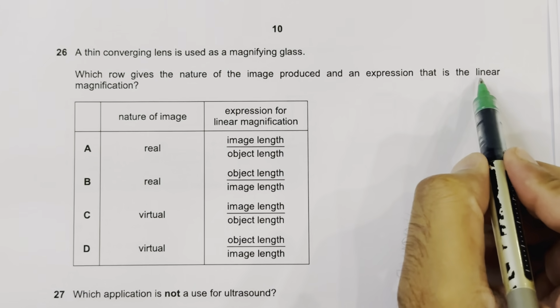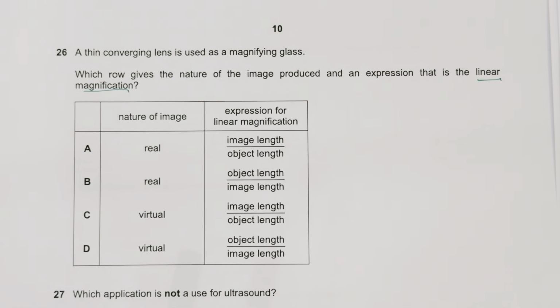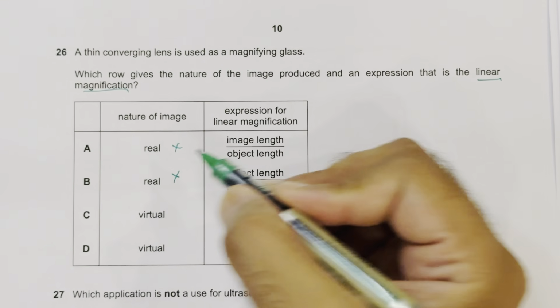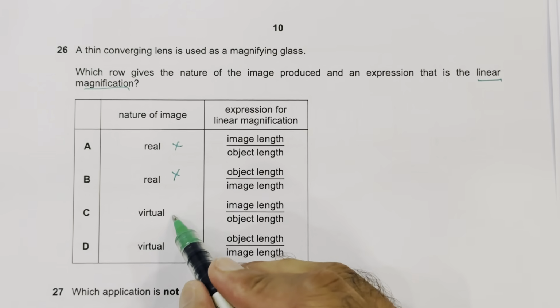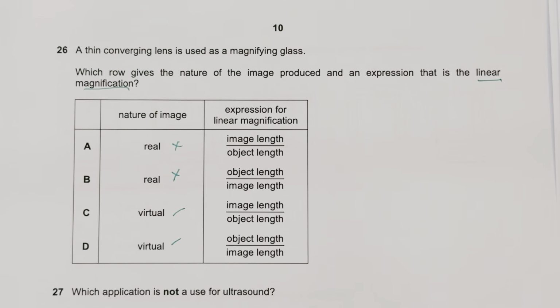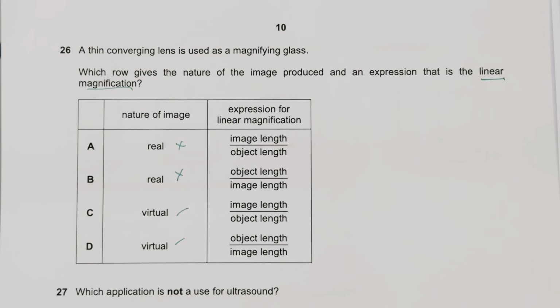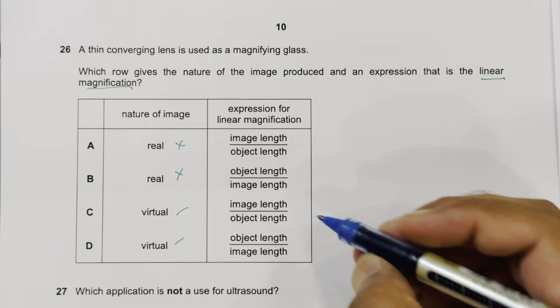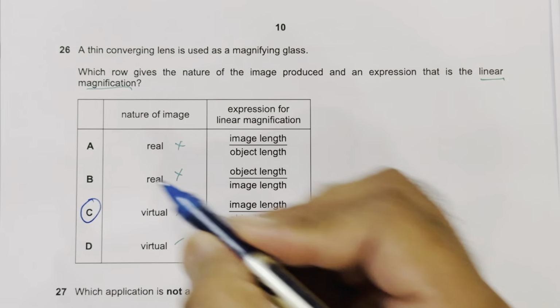This is important information for linear magnification. We know that the image should be virtual, so these are the wrong options and this is the correct one. For linear magnification, we know that it is image length divided by object length. So option C is the correct option here.